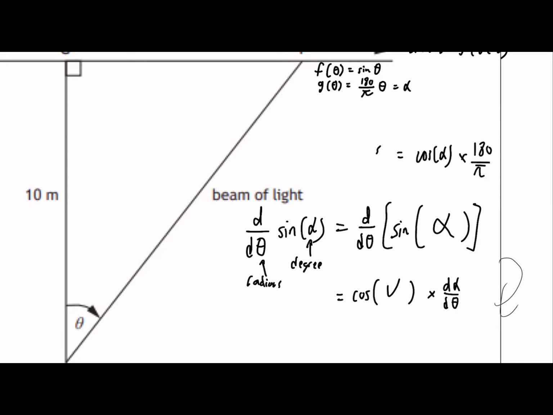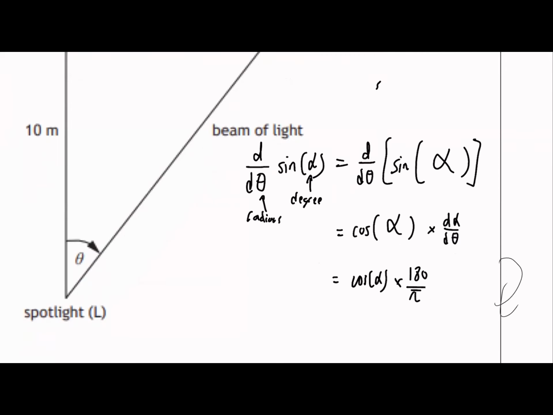Differentiate sine of alpha, you get cosine of alpha. Then alpha is a function of theta, so you d alpha over d theta. But alpha is 180 over pi, some coefficient, times theta. So you just get 180 over pi. Does it make sense? I think I need to actually do it.